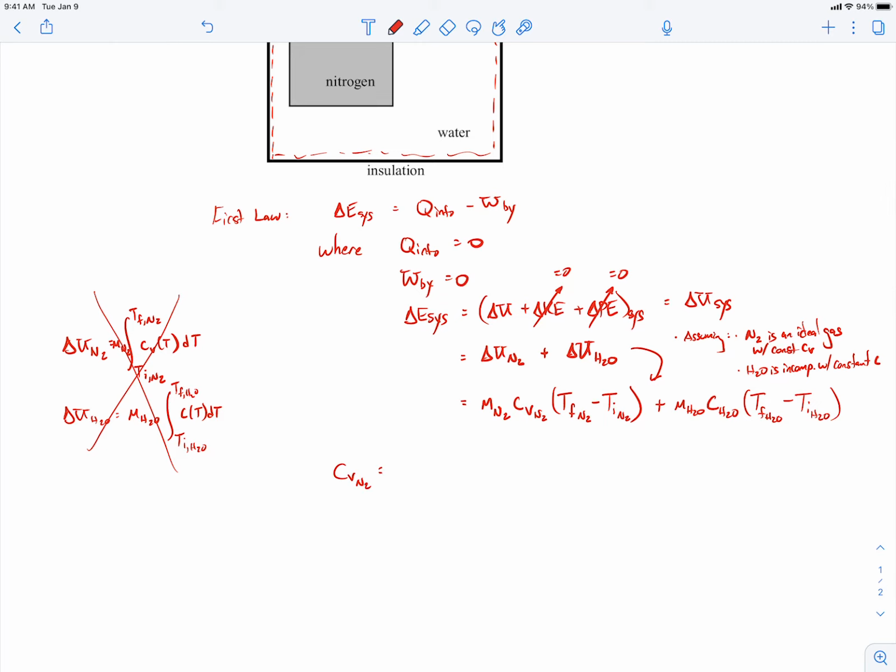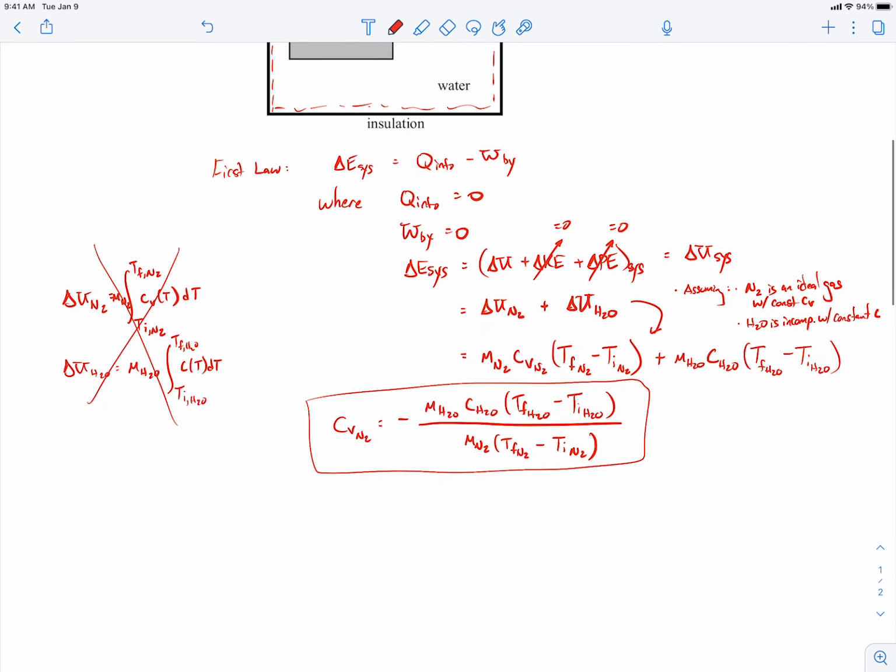The C sub V is equal to minus mass of the water, specific heat of the water, T final of the water minus T initial of the water, divided by mass of the nitrogen times the final temperature of the nitrogen minus the initial temperature of the nitrogen.